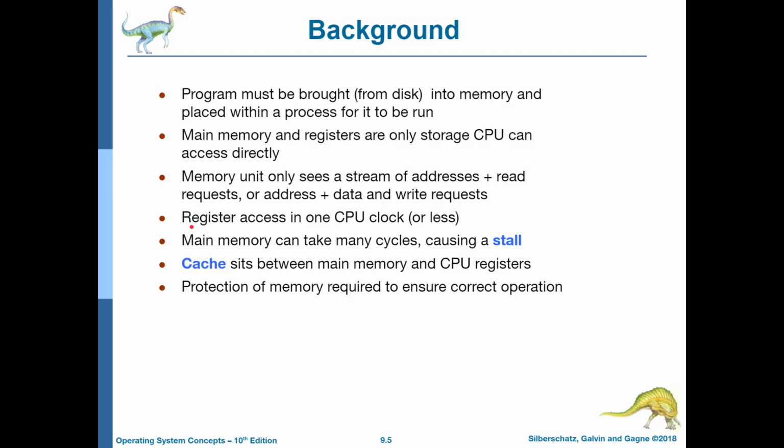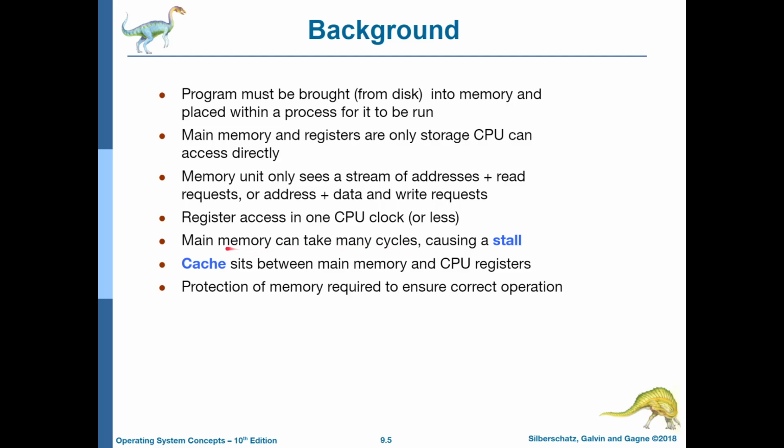Registers, on the other hand, are simply directly addressed and can be operated on in at least one CPU cycle, or sometimes even less, where you have one CPU instruction that accesses multiple registers. Main memory, on the other hand, can take many cycles, hundreds if not thousands of cycles to complete.